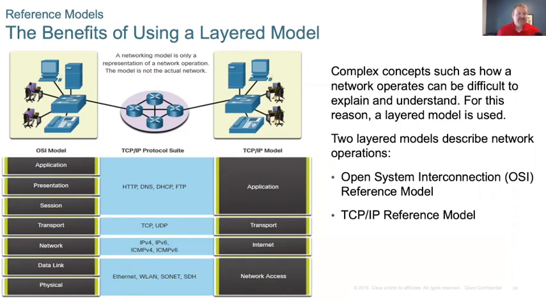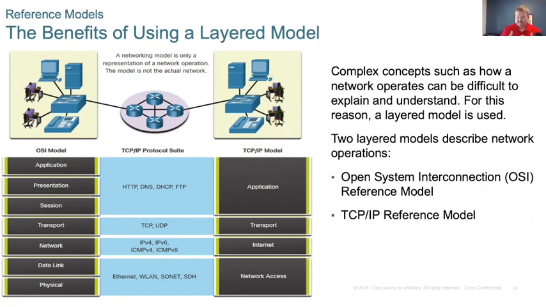Cisco will be asking you questions on both their quizzes and on the CCNA certification. They're going to expect you to know the OSI model versus the TCP model and how the two interact with each other, or what's the same and what's different.